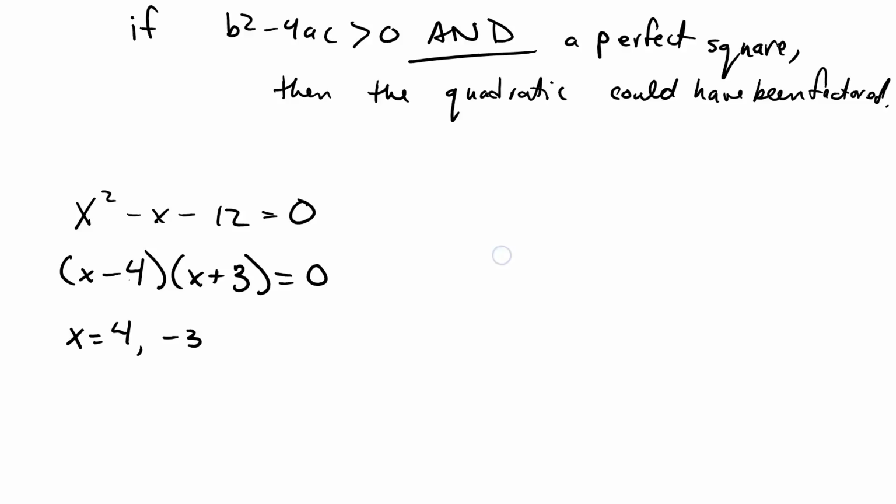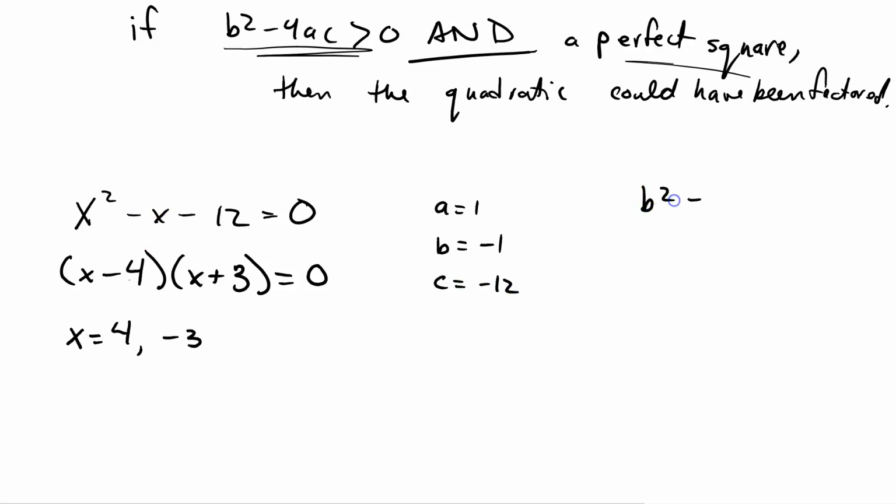So let's use the discriminant to see if there had been a perfect square. So I would say a equals 1, b equals negative 1, and c equals negative 12. So b squared minus 4ac equals negative 1 squared minus 4 times a, which is 1, times c, which is negative 12.